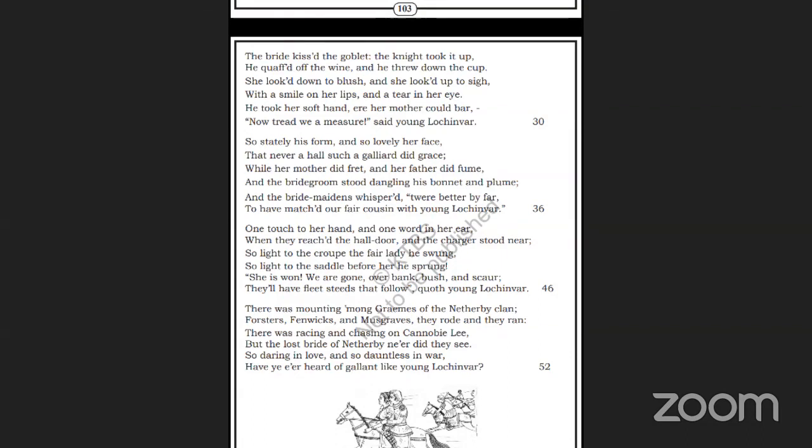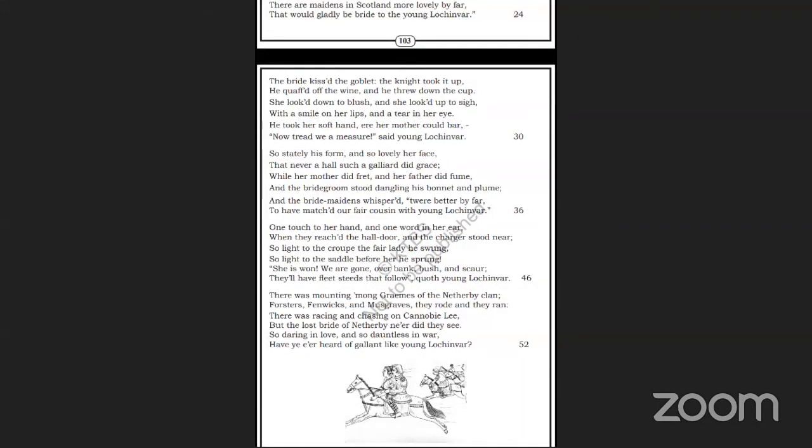When Ellen and Lochinvar were dancing, everybody was enjoying it because they were dancing so beautifully. But what was the man who was to marry Ellen doing? What was the groom doing? It is told here, he was standing in a corner adjusting his bonnet. Bonnet means hat. He was given a hat to wear and he was just adjusting it.